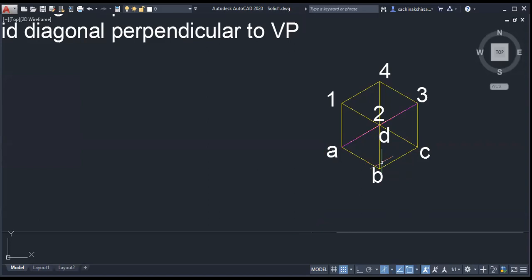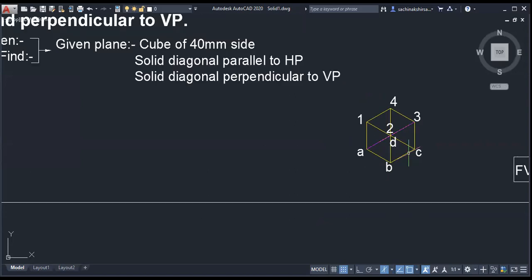Are you getting? How many diagonals will be possible for this solid? Opposite plane and opposite corner, it will be the solid diagonal of the cube. How many will be possible? 4. Front and back.